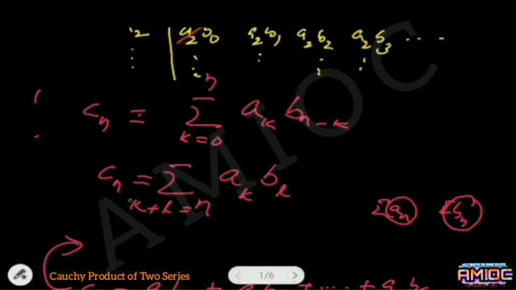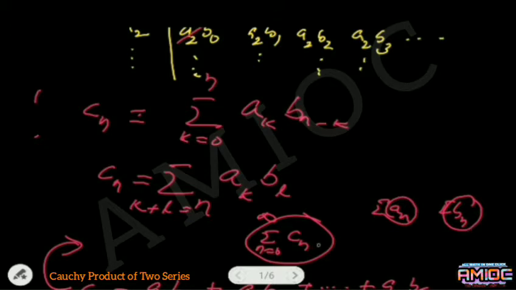We can associate a series with the given sequence C_n. That is, we can make a new series associated with the sequence C_n, that is summation n equal to 0 to infinity C_n. This series is called the Cauchy product of the series summation a_n and summation b_n.